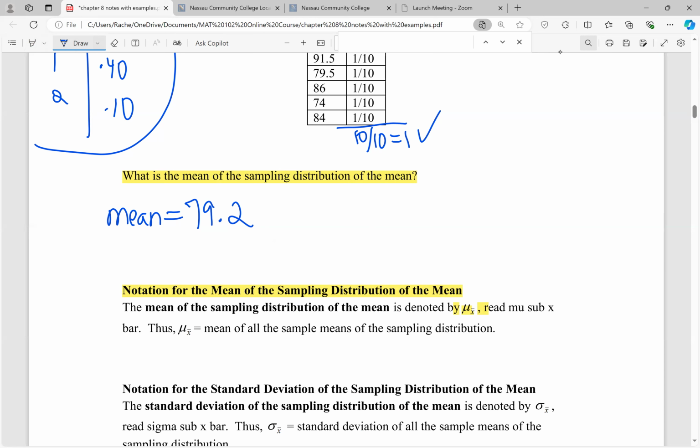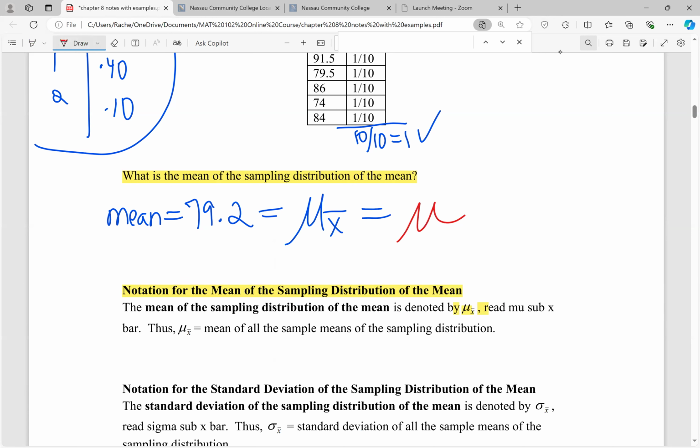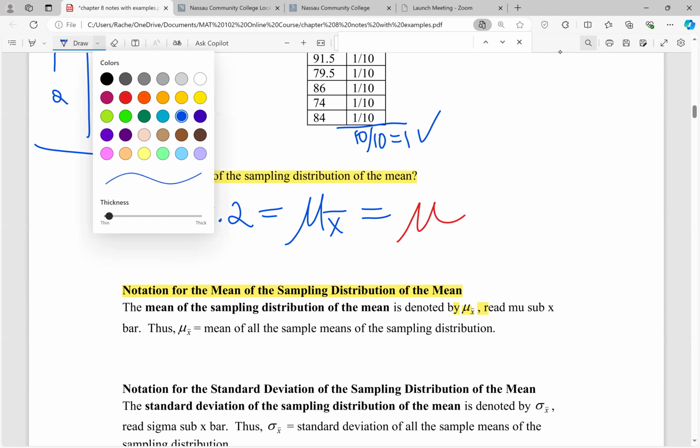We're looking at a population or a distribution of x bars. So that's why we write mu with a little sub x bar. So it's telling us that this is the mean of all the sample means. So this is the symbol that we use. And we realized that it's equal to mu, which is the mean of the population. And I wanted you to see that.